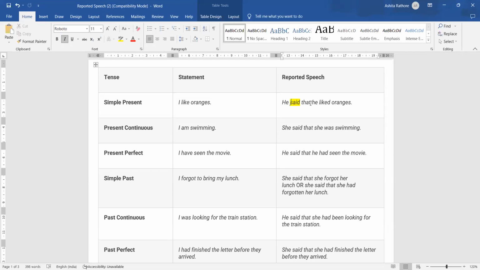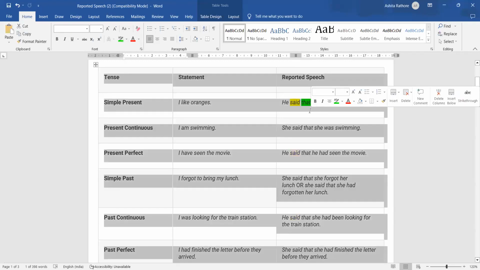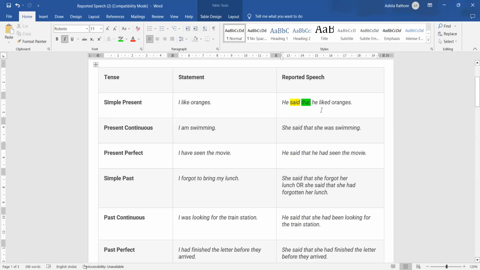Can anybody tell me what the part of speech for "that" is? Conjunction. Correct. Very good. It is behaving as a conjunction. Got it? So that is usually the conjunction used whenever we are converting the sentence into reported speech.